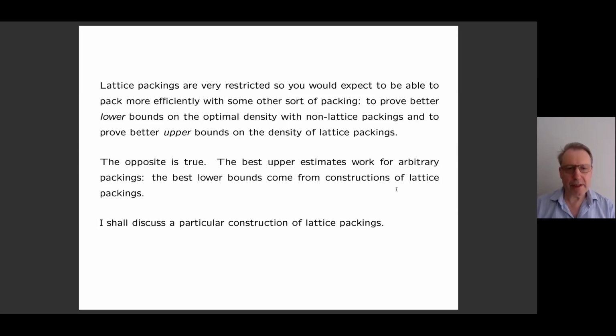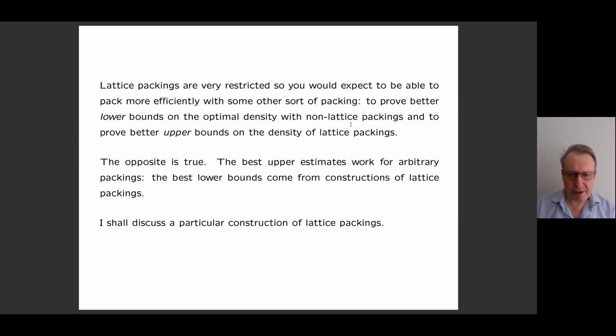While in the other direction, although in principle lattice packings should give you some information which enables you to estimate how dense they can be, it's actually very difficult to use the fact that you have a lattice to get an upper bound. It's much easier, in fact, to prove an upper bound that works in complete generality. We don't know how to use the fact that we have a lattice.